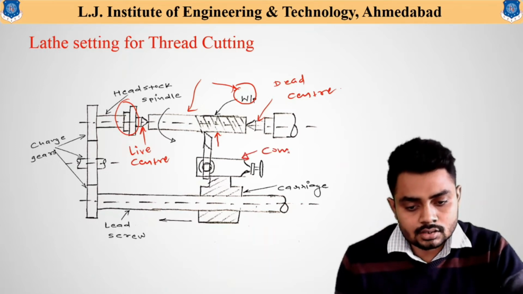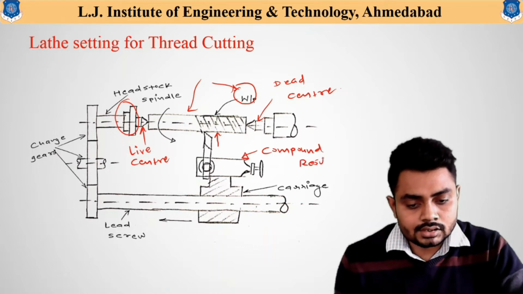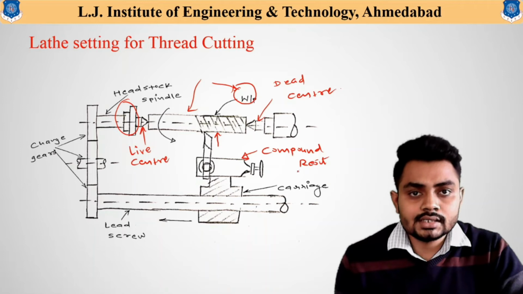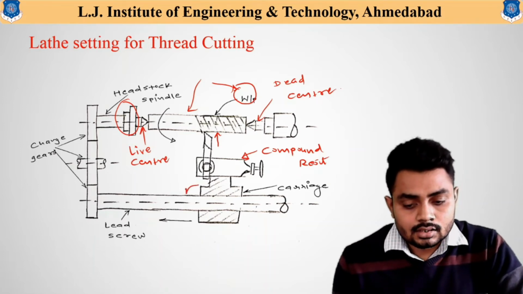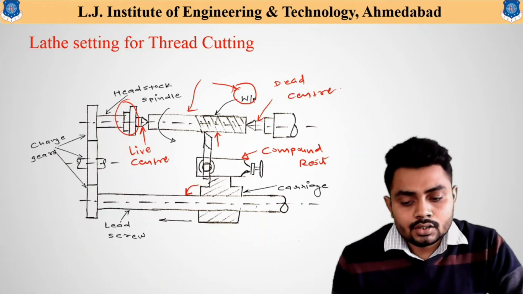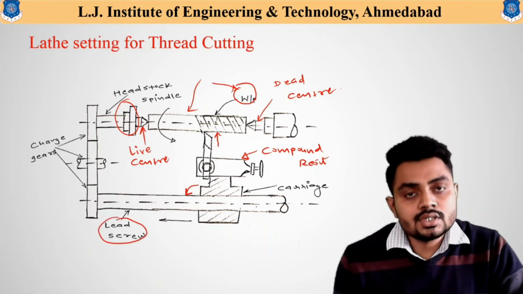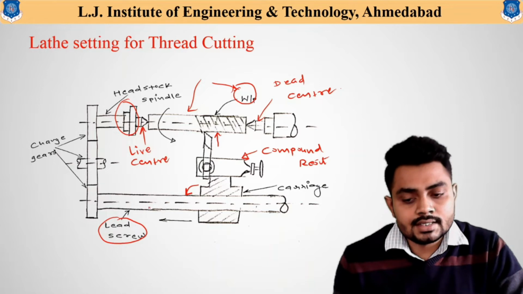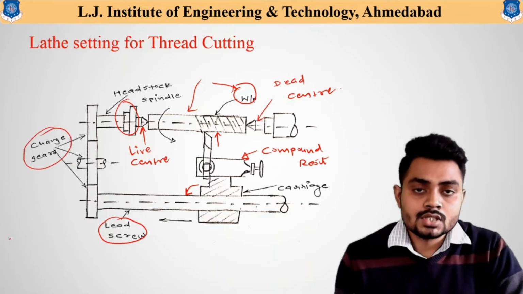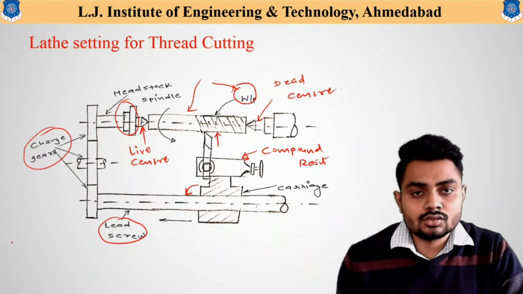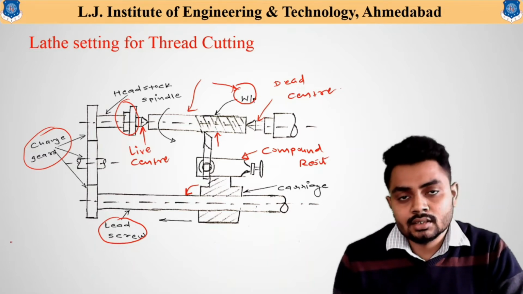So this is the compound rest, and this compound rest is fixed on the carriage, and this carriage can be connected to this lead screw using a certain mechanism, and this lead screw is connected to the assembly of the gears. So these are the connections of the different parts available in the lathe machine.